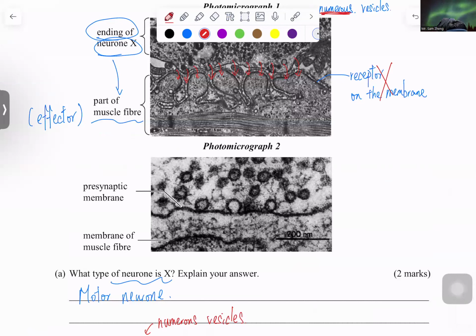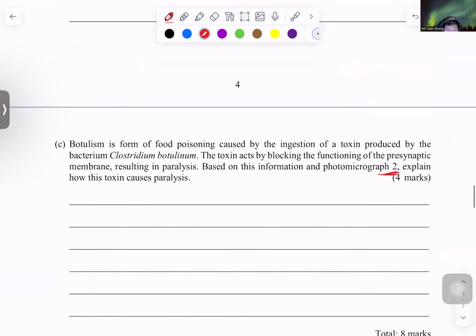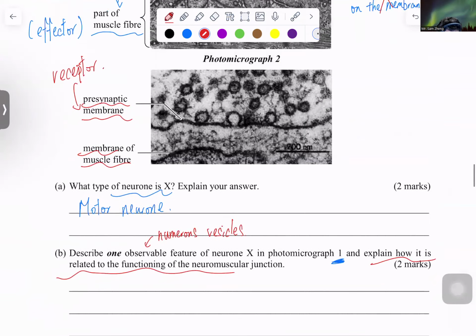By looking at the photomicrograph, this time it no longer asks you about the ending of neuron X, but we are talking about the membrane. When we talk about the membrane, we will talk about the receptor. Now, the toxin will act as a blockage of the functioning of the presynaptic membrane.